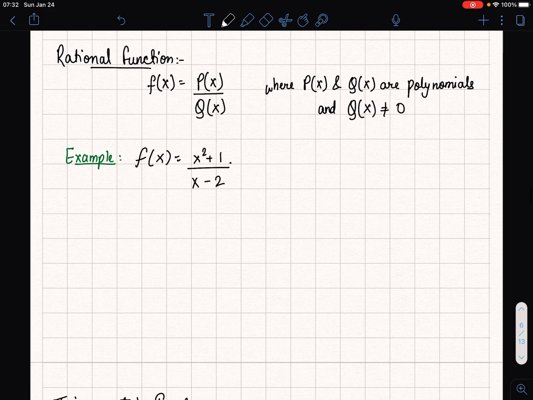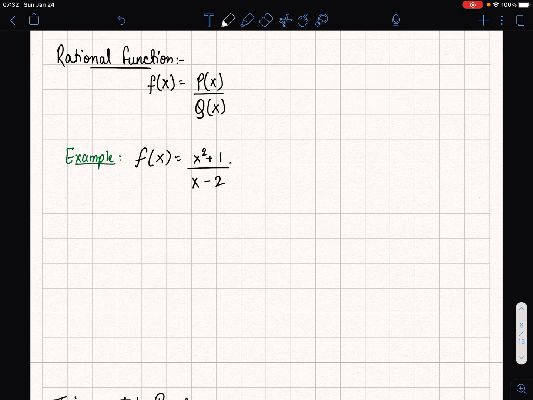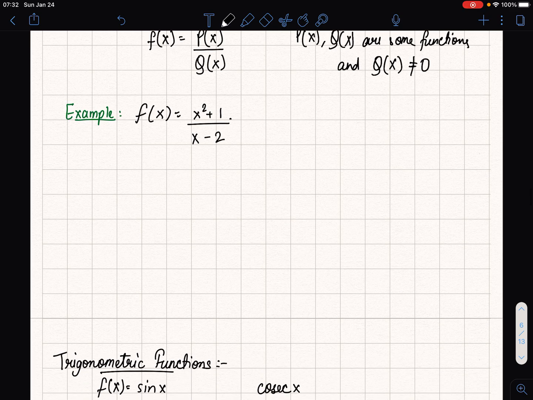Next comes rational functions. A rational function is of the form p of x over q of x, where p of x and q of x are some functions, and q of x is non-zero. Consider this example, f of x equals x squared plus 1 divided by x minus 2.